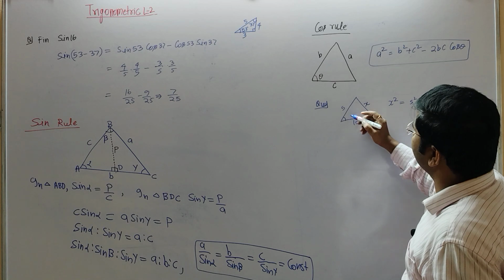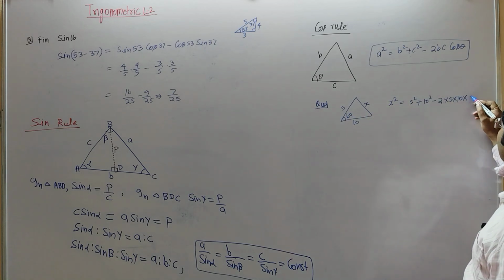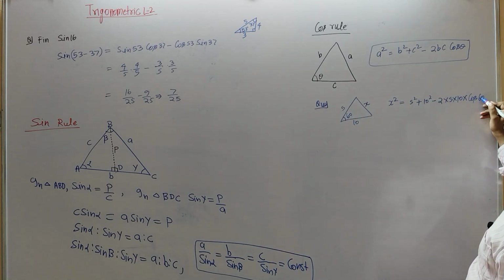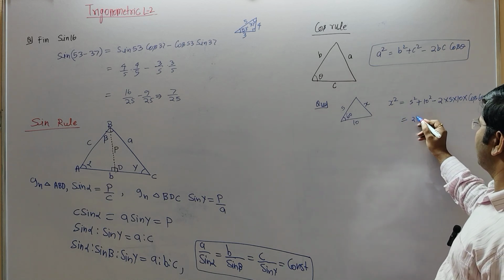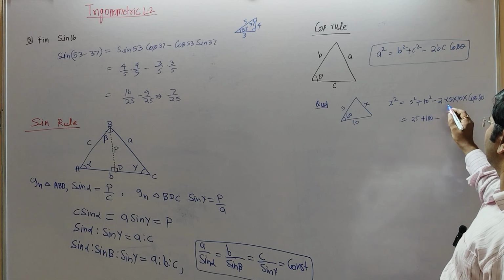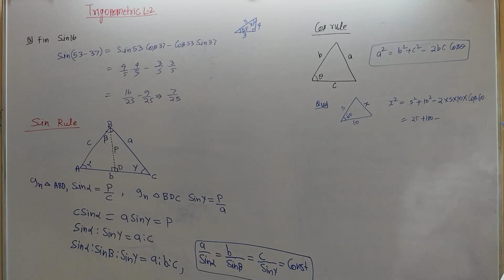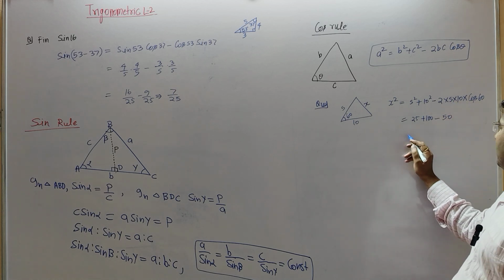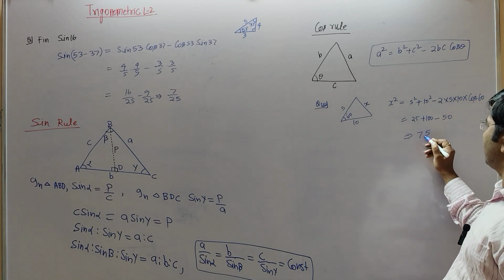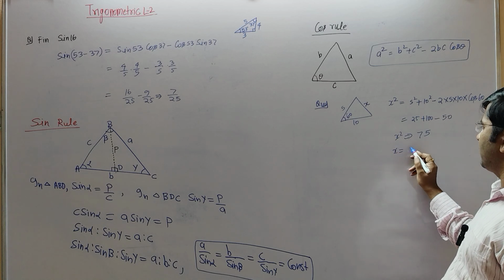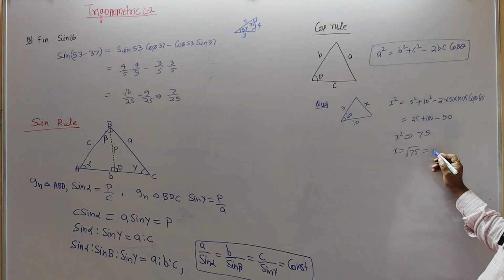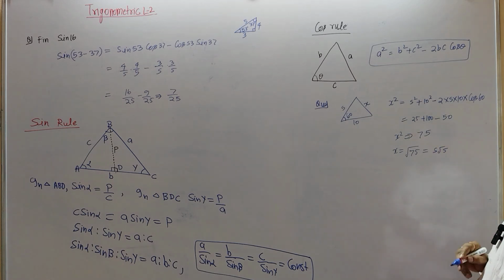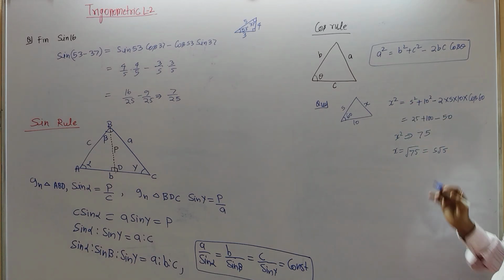So this is 25 plus 100 minus, cos 60 is 1 by 2, the 2 cancels, so it is 50. This value is 125 minus 50, which is 75. So x equals root 75, that is 5 root 3. So we can find this kind of value using the cos rule.